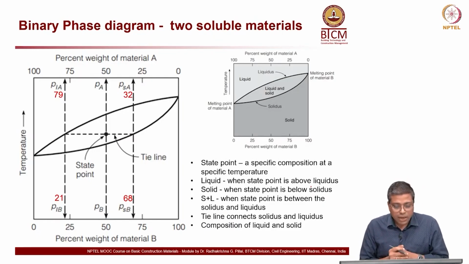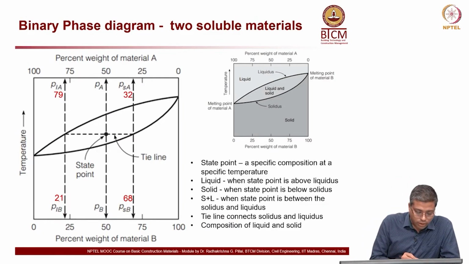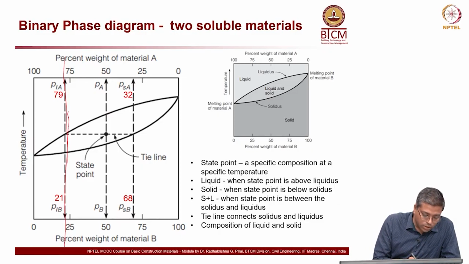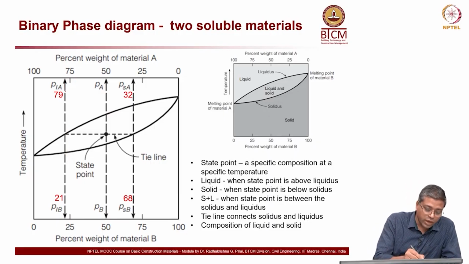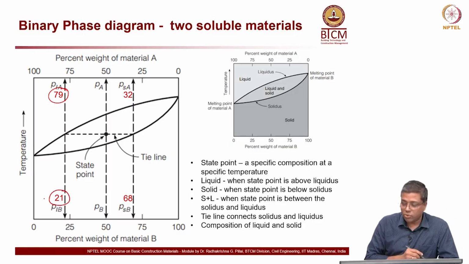Now, same diagram, a little bit more with an example here. Let us take a composition along this line, where here it's percentage of B and percentage of A. You have 79% A and 21% B in this line.